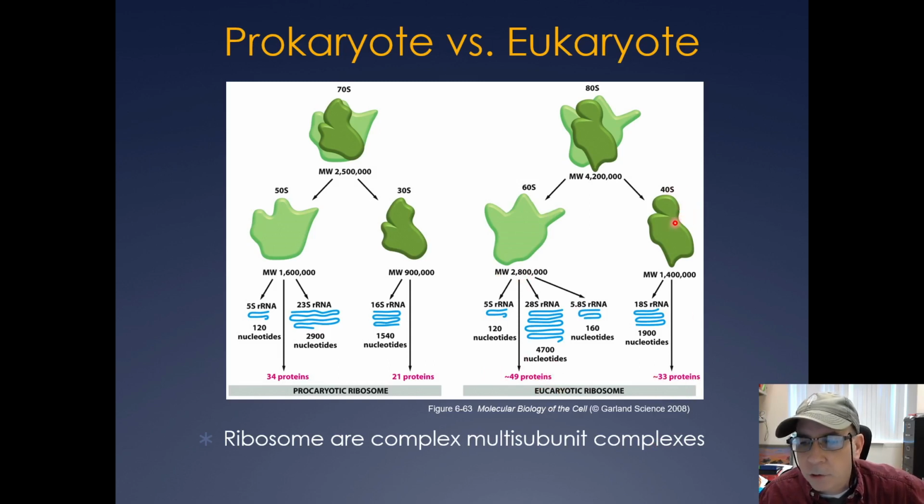When we look at the structure in a few slides, you'll see that the ribosome is predominantly RNA, and the proteins only make up a small fraction of it. But ultimately, these are multi-subunit complexes, and for those of you who want a little trivia question, the S is a Svedberg number, which is a sedimentation unit, named after the scientist who worked out sedimentation gradients and stuff.